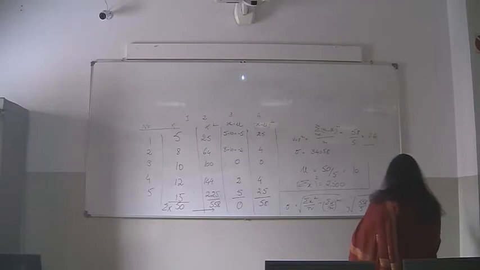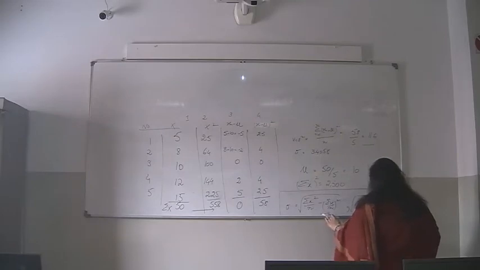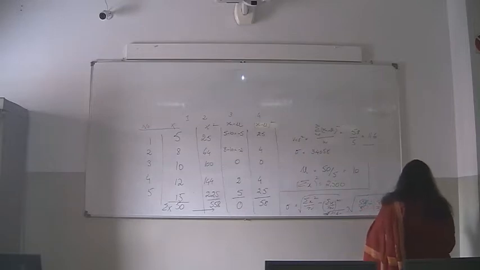So now you can just simply find out how much is 558 by 5, and you get 111.6 minus, 50 by 5 whole square is 10 square, which is 100.